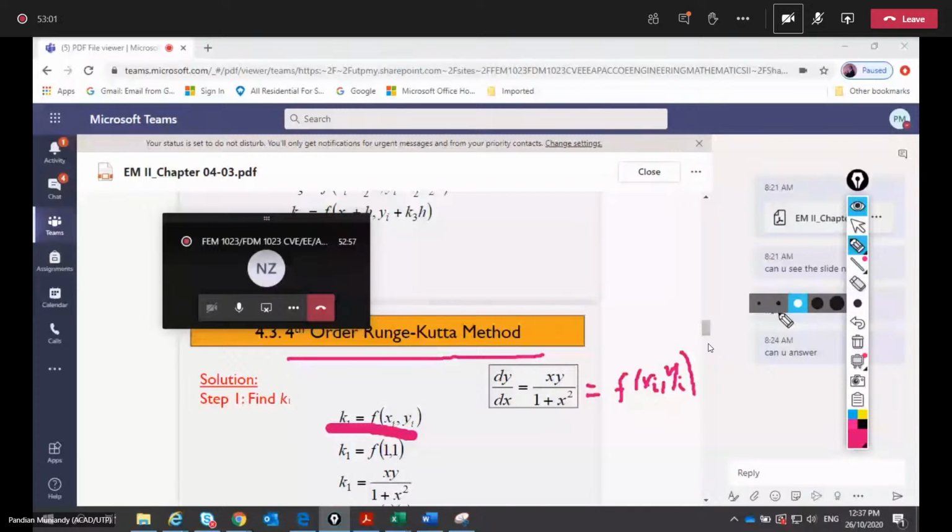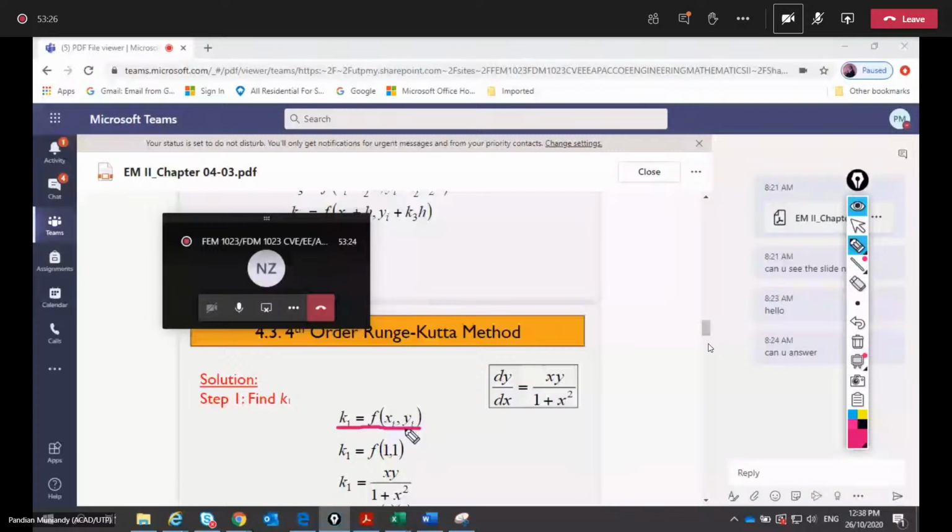If you want to calculate k1, it is f(xi, yi), so x naught, y naught. Write down: x naught is 1, y naught is 1. How do we know?